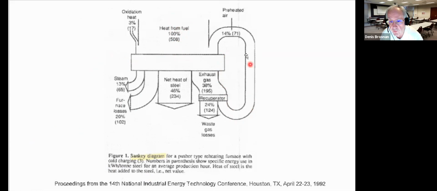There is some energy recycled through a recuperative process, but the net heat into the steel is only 46% of what went into the furnace. So this is, I think, fairly typical of some of the things that we'll talk about in this course.